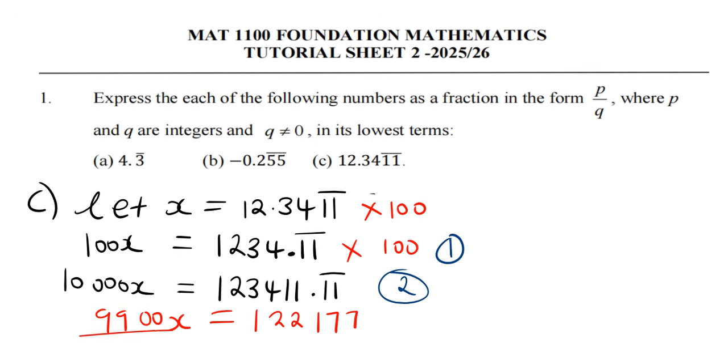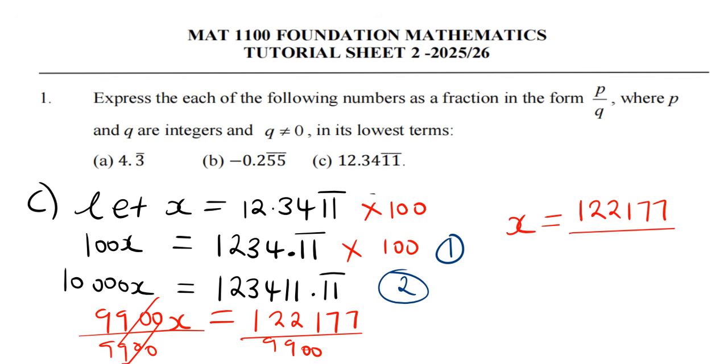Then I'm going to divide by 9,900 on both sides to get our x. Okay, so these are going to cancel, so our x therefore will just be equal to 122,177 over 9,900.